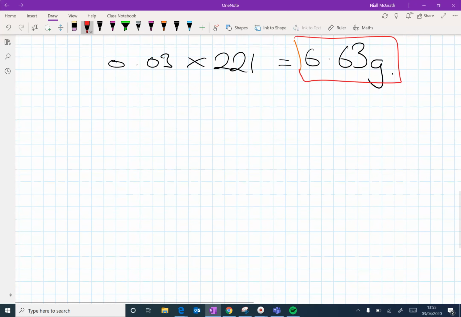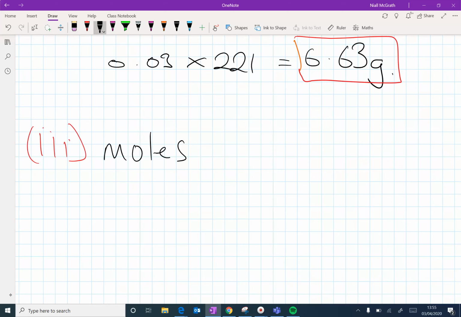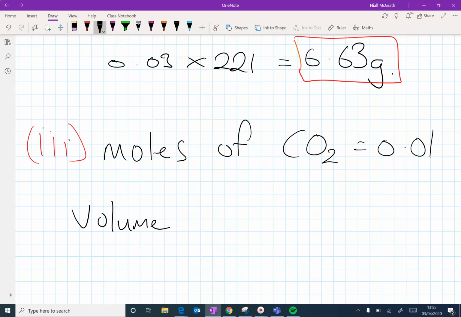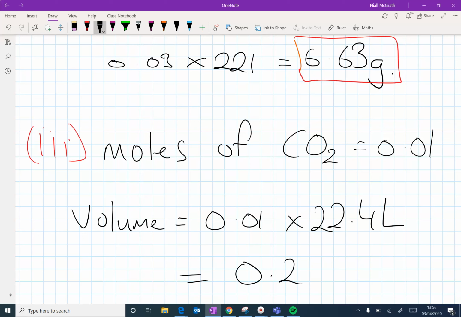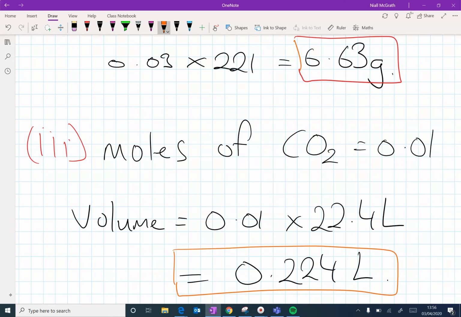So our moles of CO2 equals 0.01. To find the volume, we do 0.01 multiplied by 22.4 litres, and that is equal to 0.224 litres. And that is our answer for part 3.